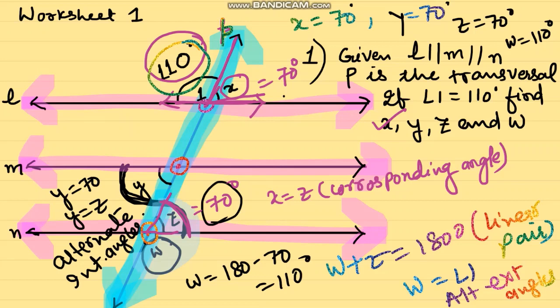I hope you have understood how to find the values of X, Y, Z and W. So you will be solving it one after the other, putting points like first you solve question number 1 for X, then number 2 for Y, then number 3 for Z and number 4 for W. This way you will be solving. I have explained it.